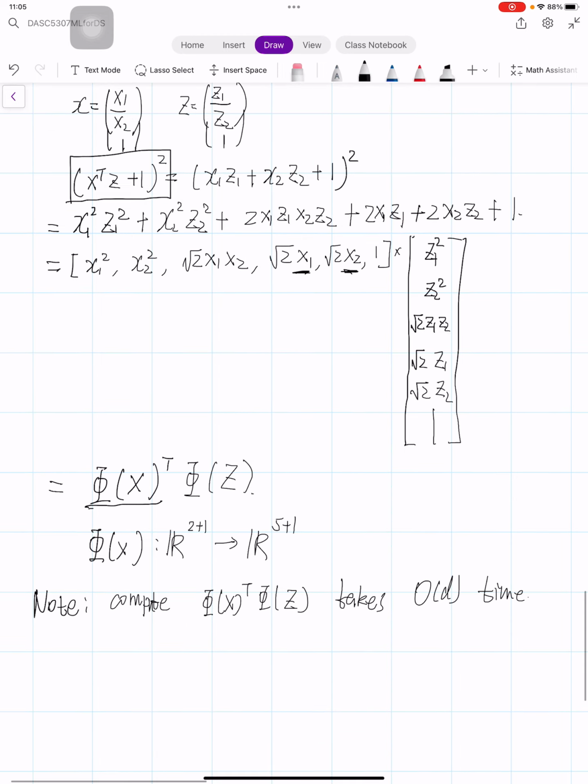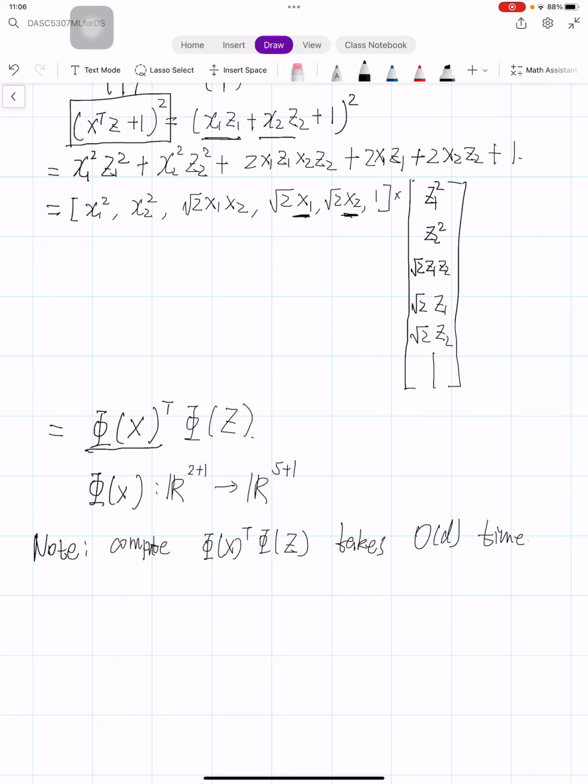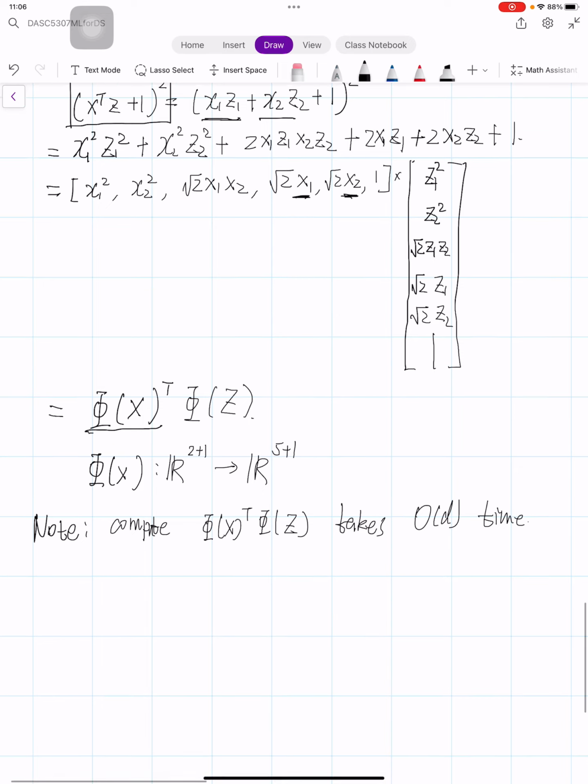For example, to calculate this you just need to multiply the two vectors component-wise and sum them together. If you have d features, you just need to do the scalar multiplication d times.